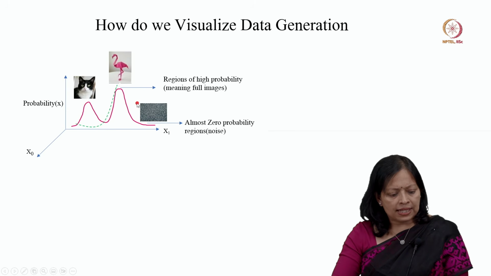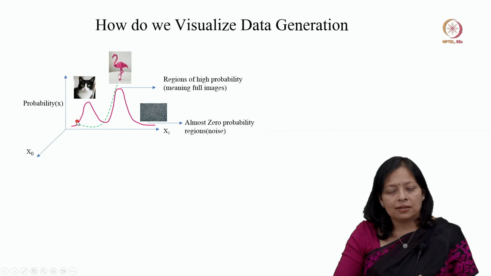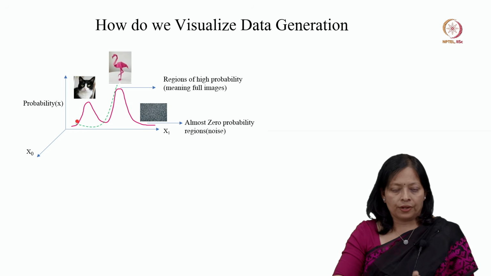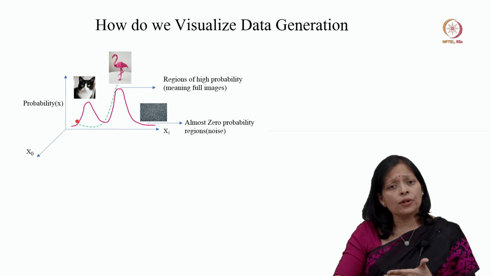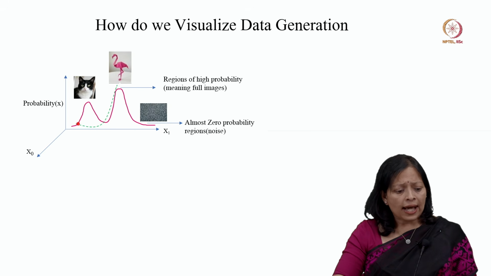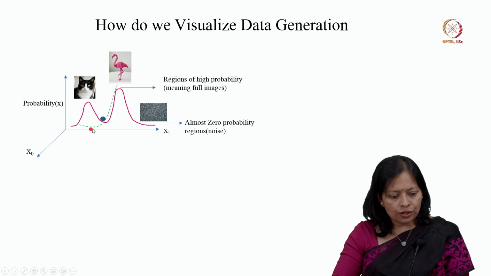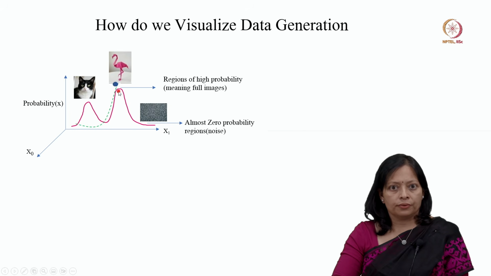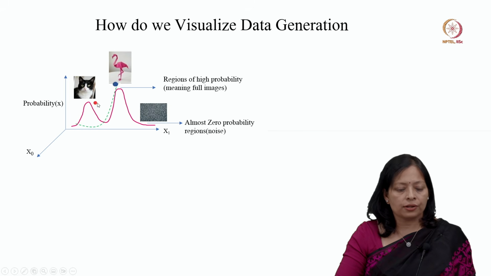So, I have kept the same figure here. If I want to generate data, which here means an image, I can start from any point and then go to the top. Top means some high probability region. It can be here, it can be here, or some other place.